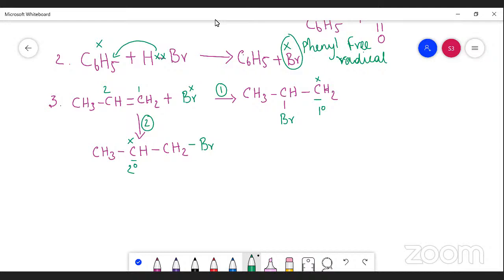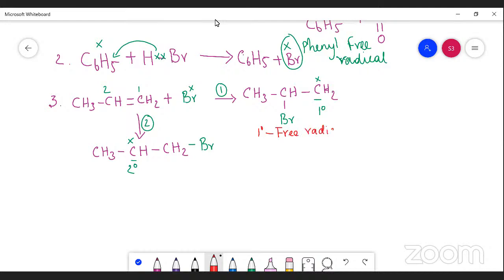So here there is no tertiary at all. So the primary free radical and the secondary free radical are formed.